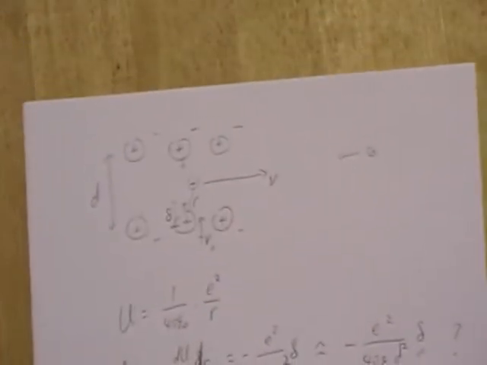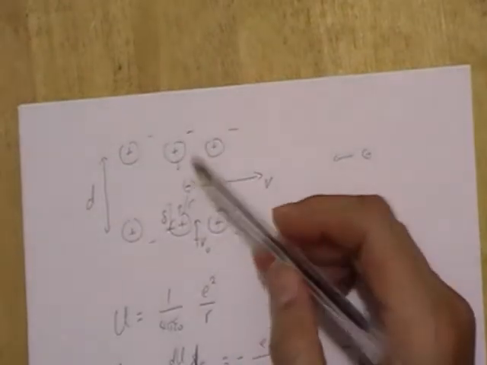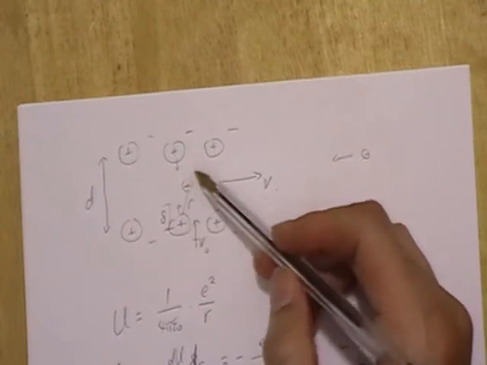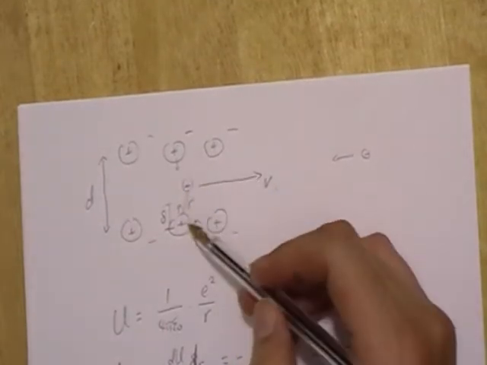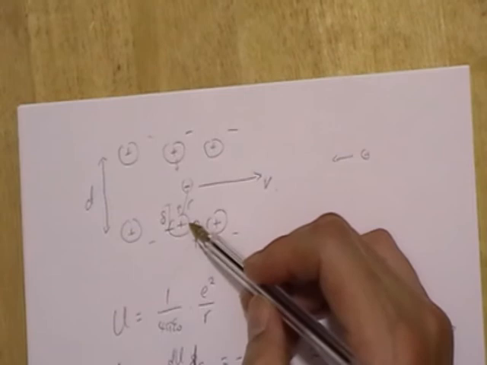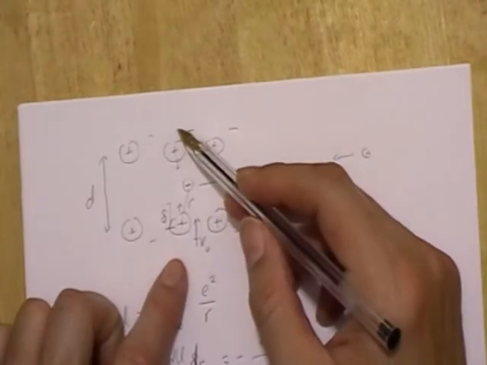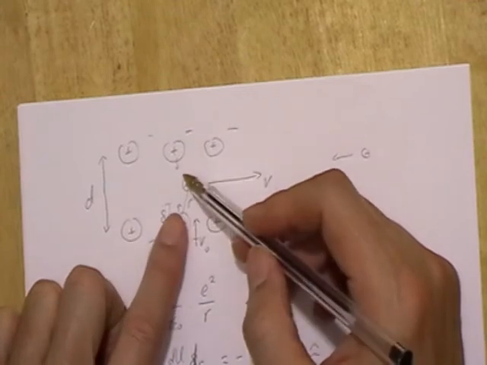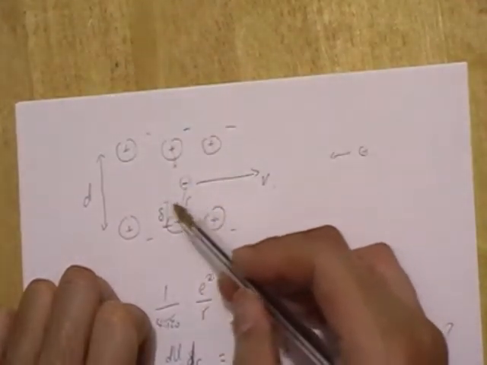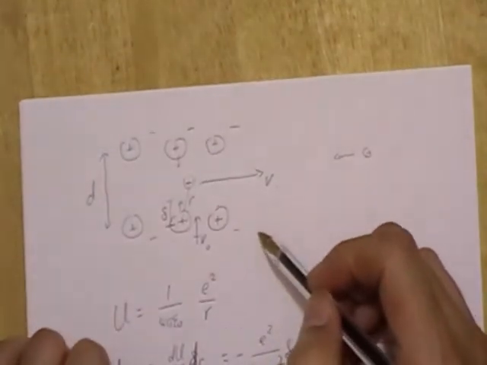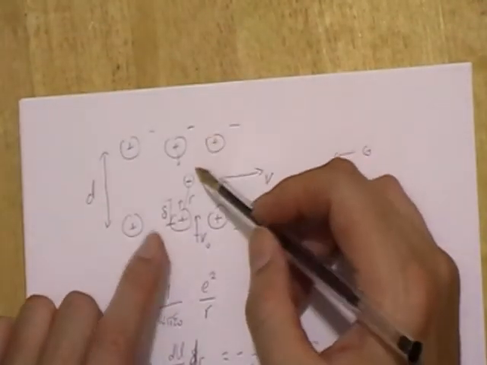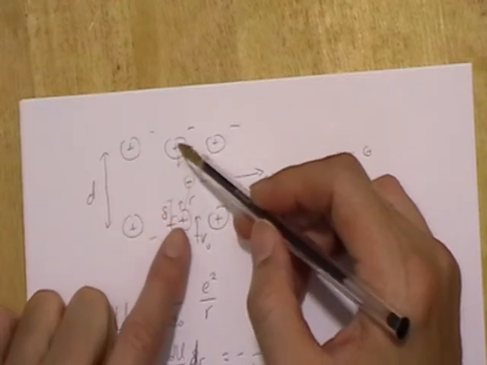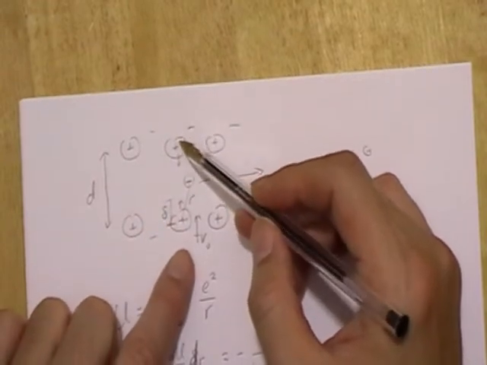Let's come back to this. If we look at these two ions, as the electron zooms past, both ions would get attracted, so they come together. Now as they come together, the surrounding electrons and ions become disturbed or displaced, and those would create a force that would pull them back to the rest position.